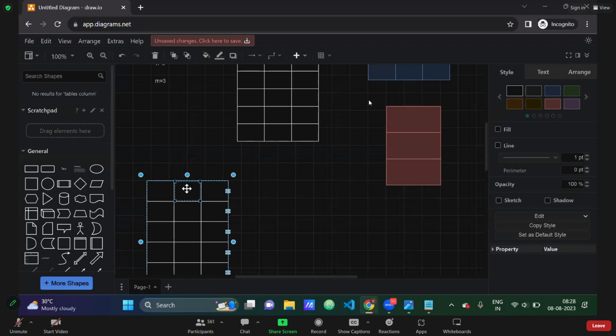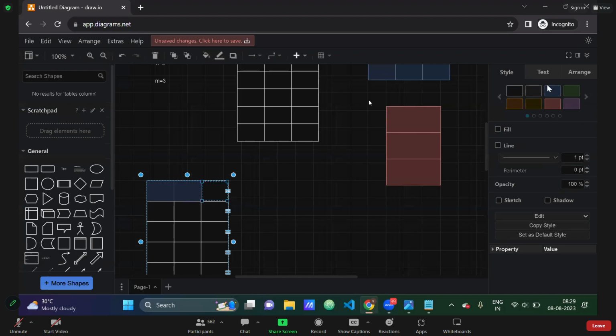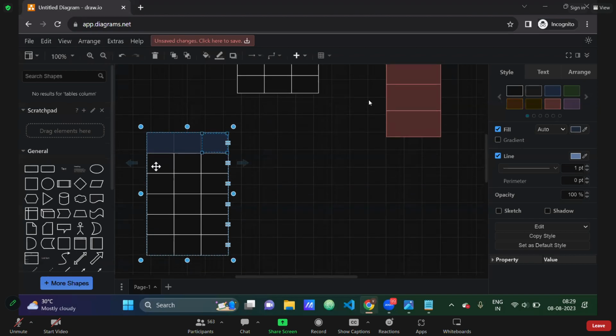Let me color it there. Let me just color it. So you can place this 1 cross 3 tile everywhere.